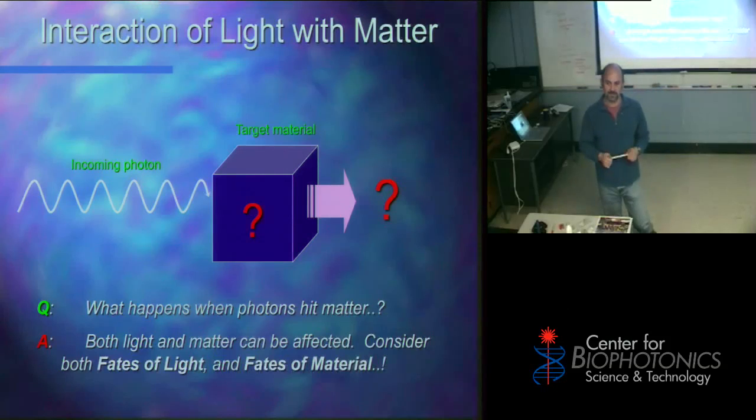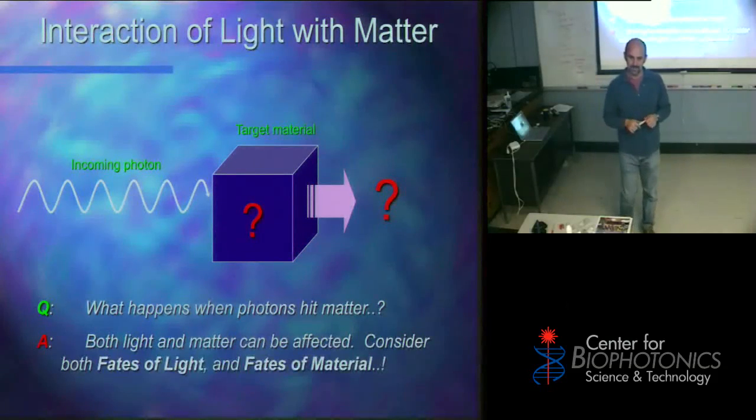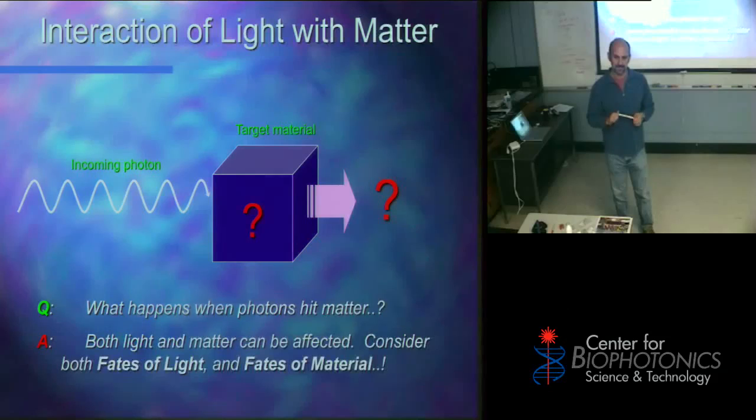How? Give me some ideas. Photoelectric effect. It could excite electrons. Excite electrons, okay. Reflect, refract, or... Refract, which means what? It's like the diffraction grating is refracting light, isn't it? Mm-hmm. Where it bends the light of certain frequencies in different directions. Okay, anything else?